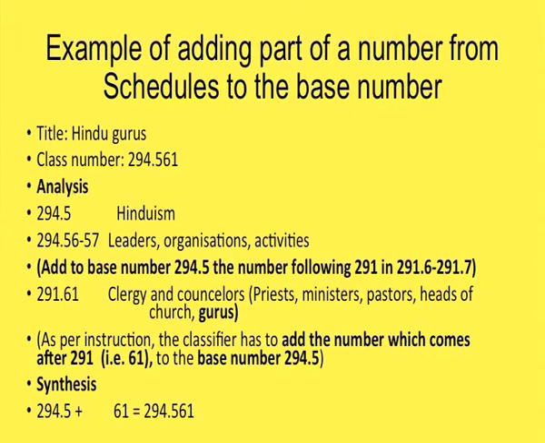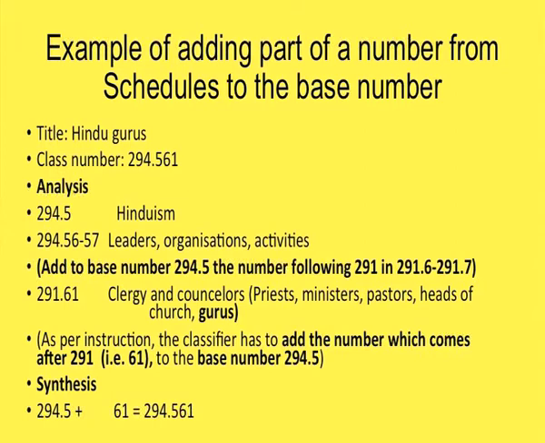We have to add only the number following 291. So, 291.61 is the number for clergy and counselors, including the gurus. The number for priests, ministers, pastors, for all those categories is 291.61. So, gurus is also there.